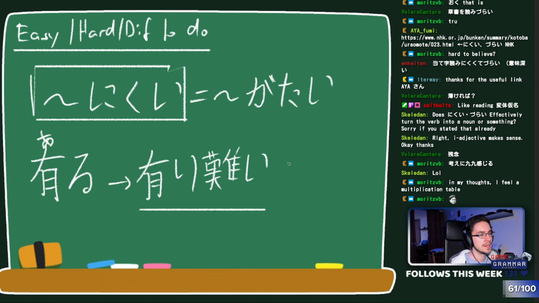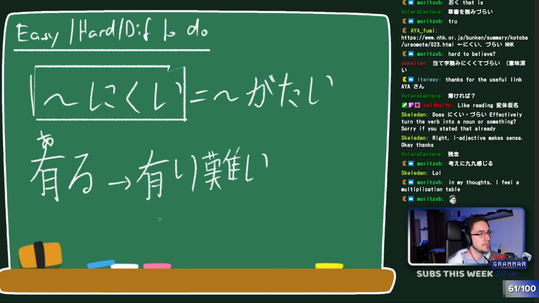For example, you can have arigatai mono, which is a thing that you're thankful for. So you can use it like the adjective version of arigato, which it literally is. So it's something you're thankful for. That's the way it's used. It's not really used for 'difficult to have,' at least not in translation.